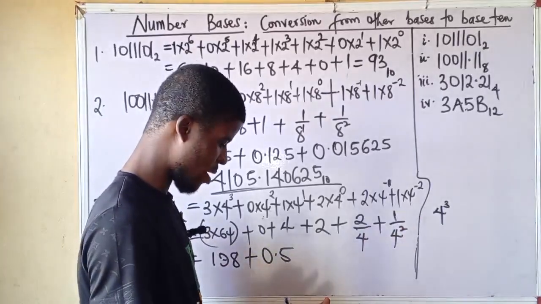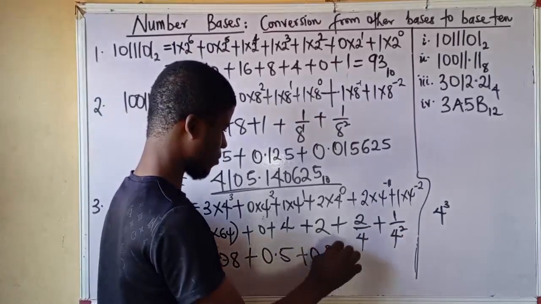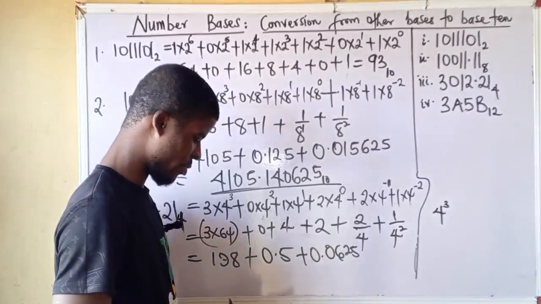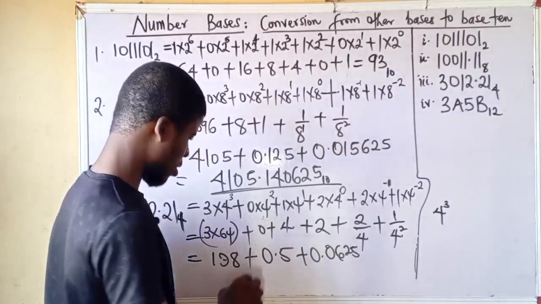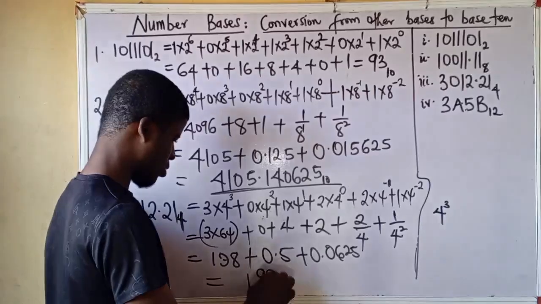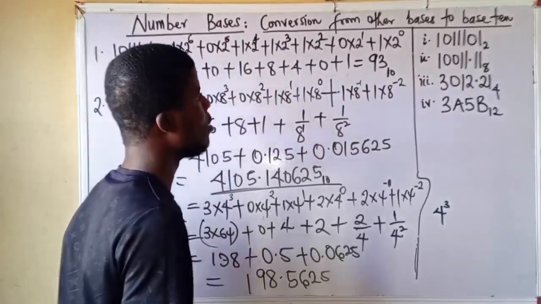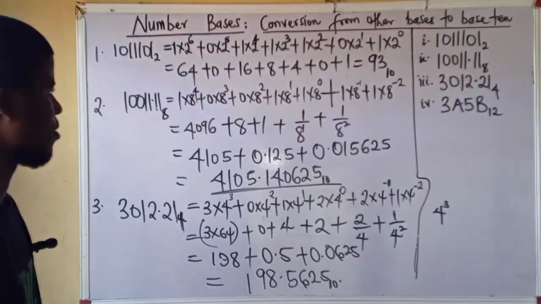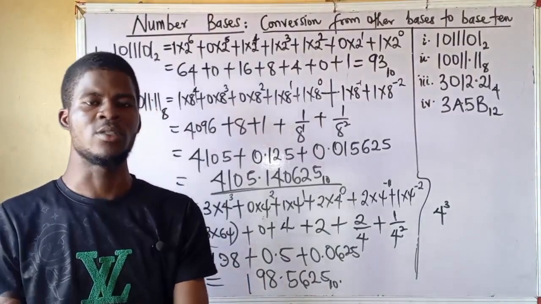So what is 1 divided by 16? 0.0625. So if I add this up, plus 0.5 plus 198 is 198.5625 base 10. This is how we convert numbers in other bases to base 10.